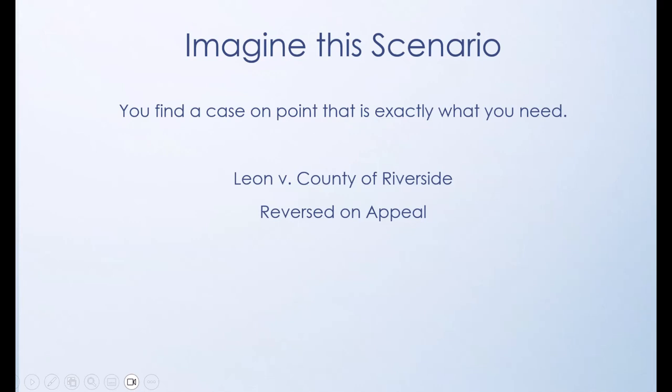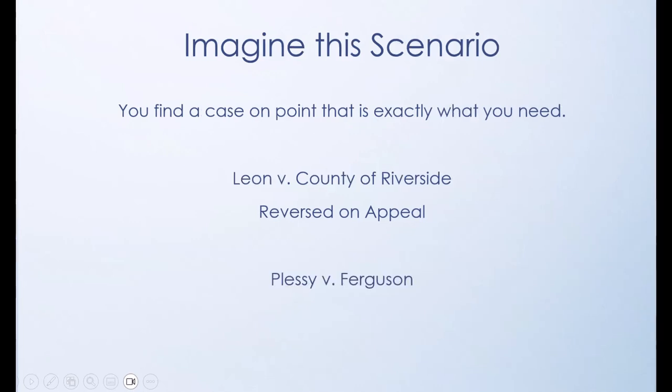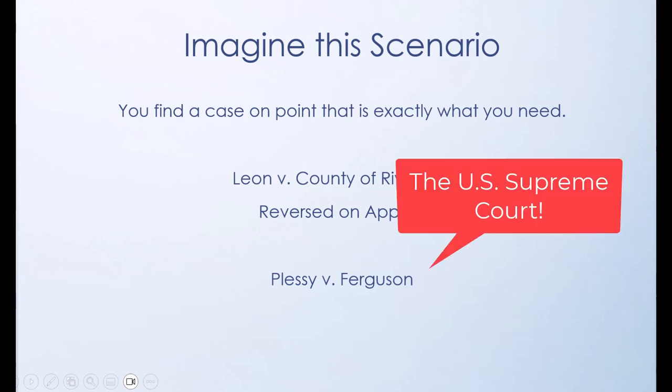Or suppose you're doing research on the issue of racial segregation, and you find the case Plessy versus Ferguson. You may have heard of this case when you were in school. It was decided in 1896, and in it the court ruled that racial segregation was constitutional provided the facilities were separate and equal.